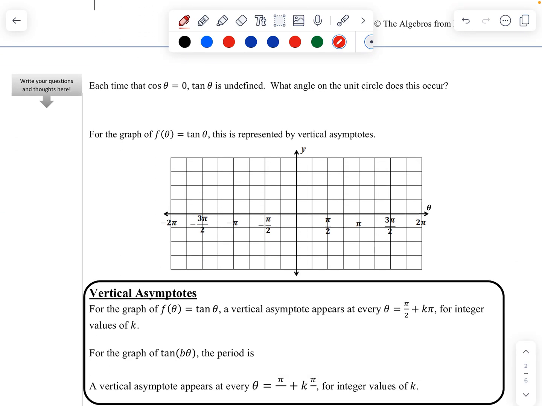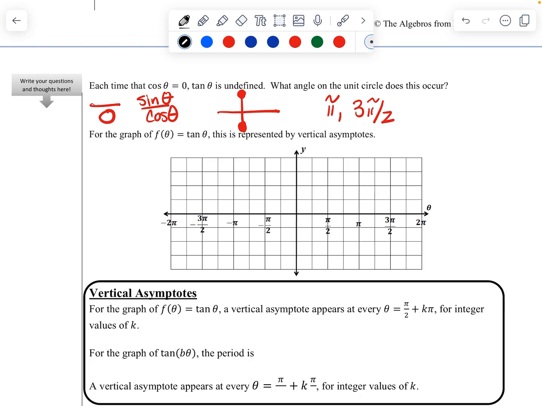Looking at this next one, each time that the cosine of theta equals 0, the tangent is undefined, because we can't divide by 0. Sine of theta over cosine of theta. So where is it undefined? Well, where is our cosine 0? Here and here. Do you remember we talked about this before?